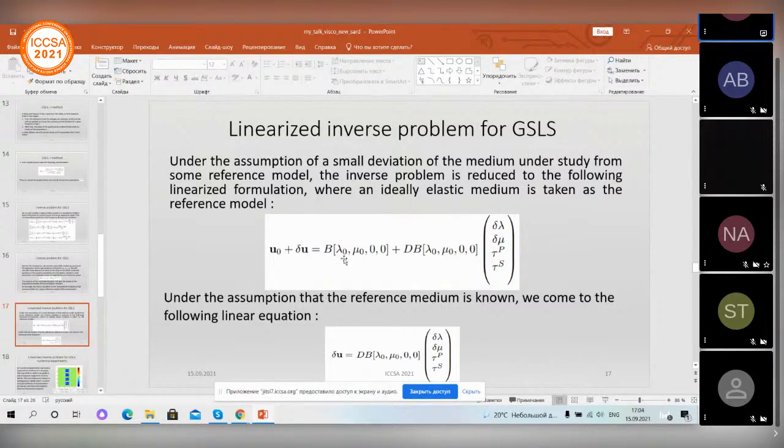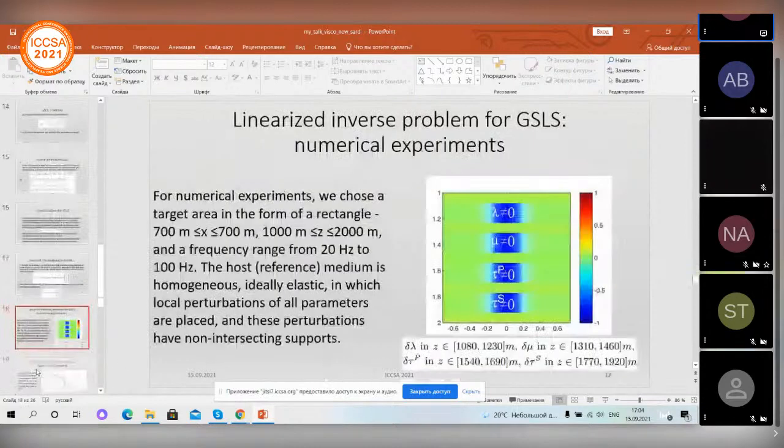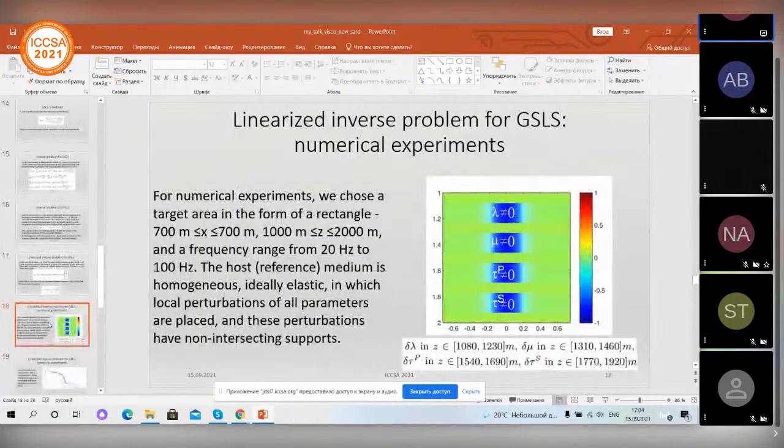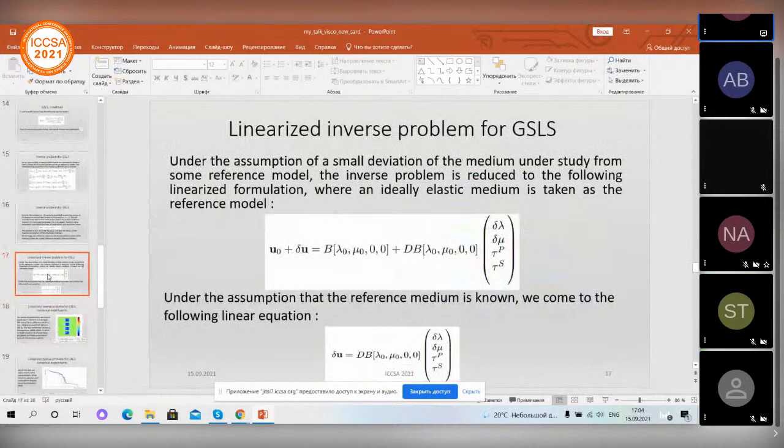Then our acquired data depend on the Lamé parameters and the quality factors through this kind of linear integral equations. Finally, we come to the linear integral equation, which connects the perturbation of the elastic and the attenuation parameters and maps them to the input data.